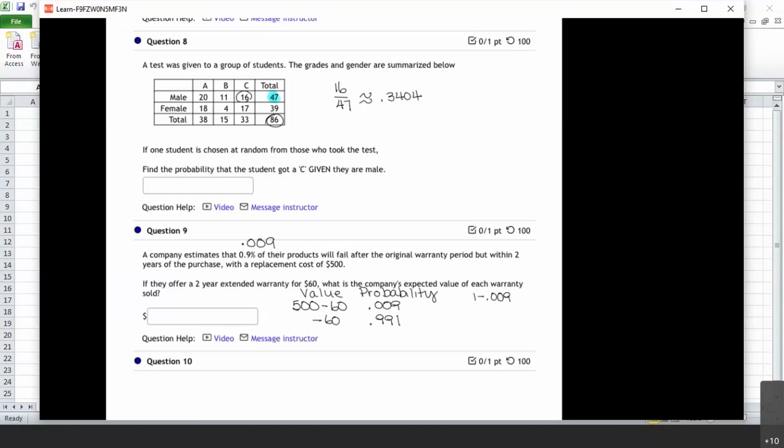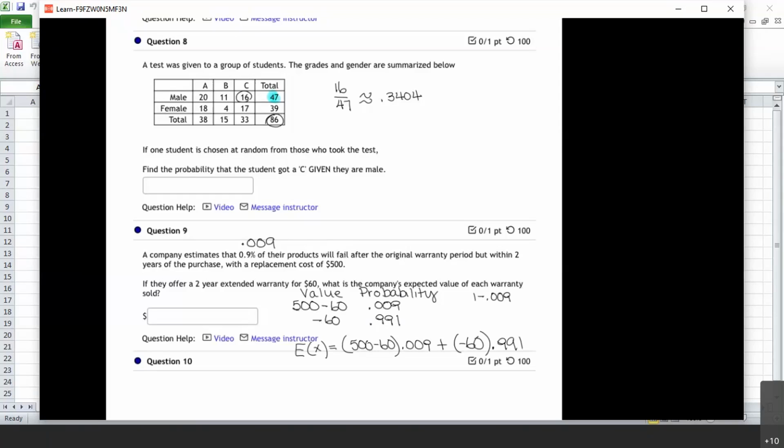Everybody good with that? There's no other choice. Either the product fails or it doesn't within the 2-year period. So our expected value of X is 500 minus 60 times 0.009 plus negative 60 times 0.991.